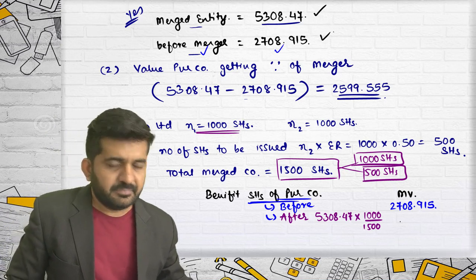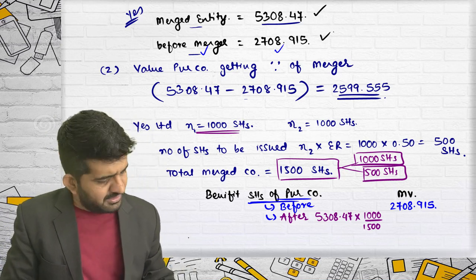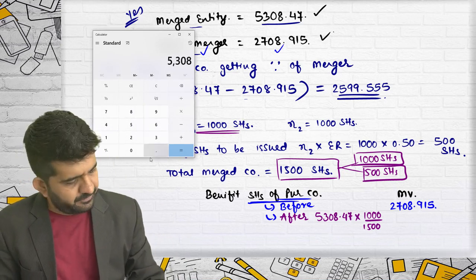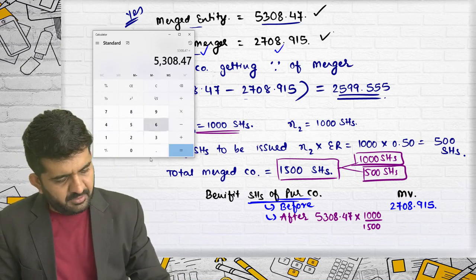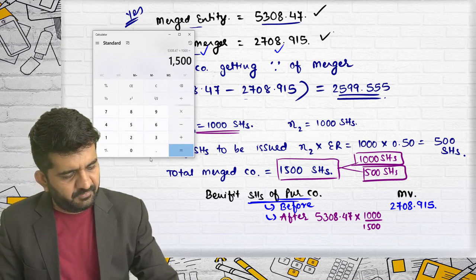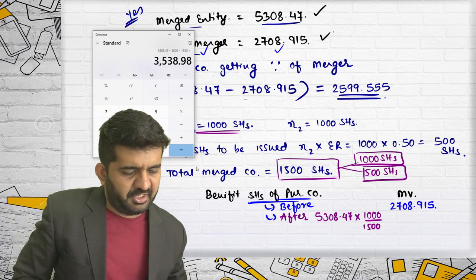Is it correct? And this answer will be 5308.47 multiplied by 1000 divided by 1500. It is 3538.98.